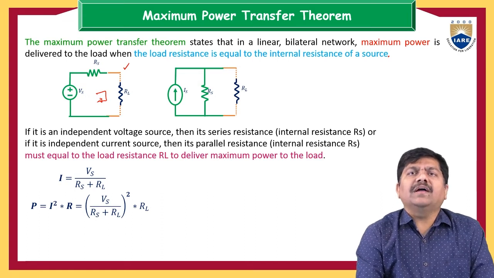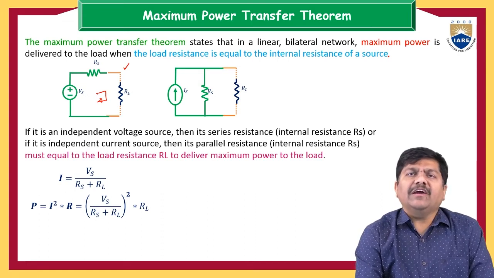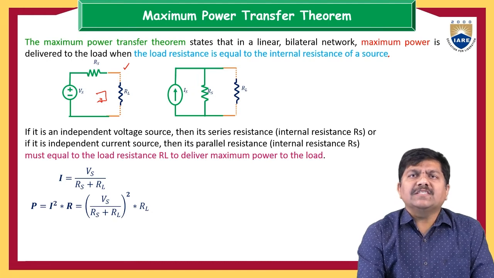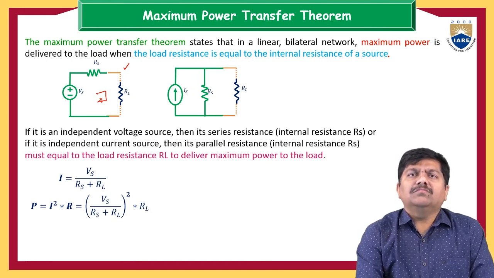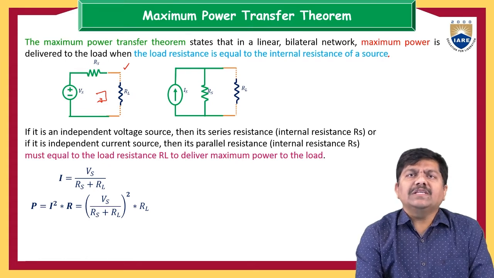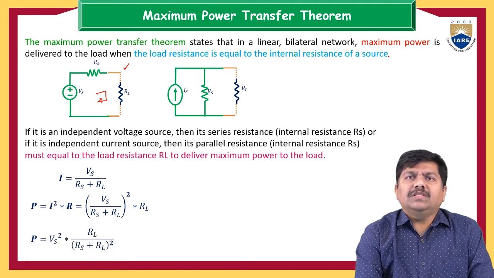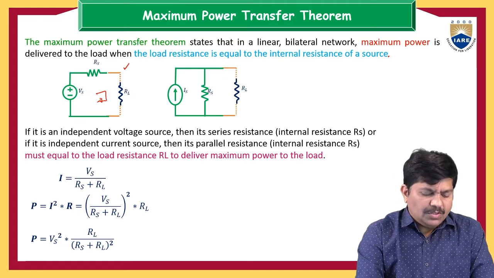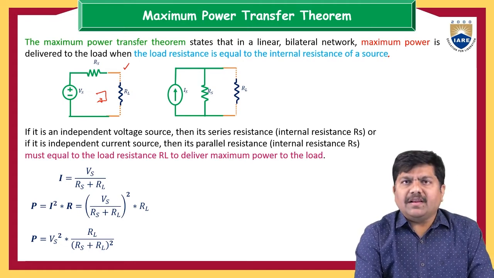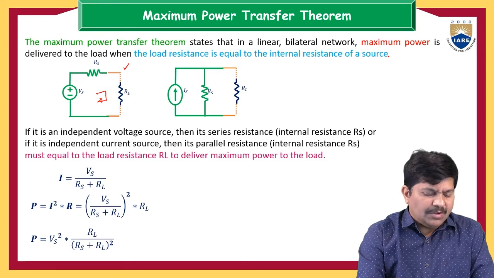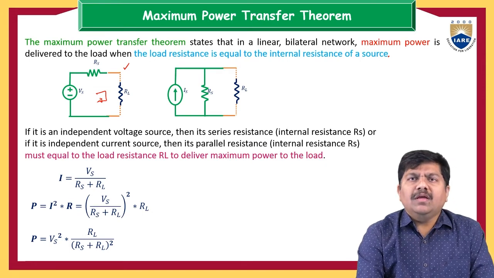Here the power is I square into R. Already we have calculated I, that is Vs by Rs plus RL, into R. So the total value is Vs square divided by Rs plus RL, into the load resistance. Simplifying, P is equal to Vs square into RL by Rs plus RL whole square.